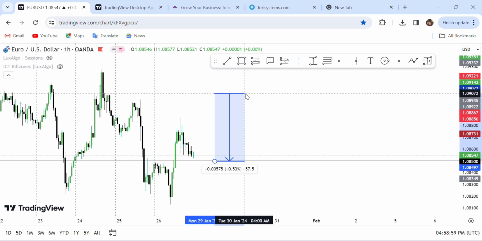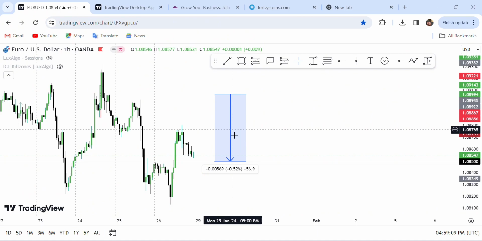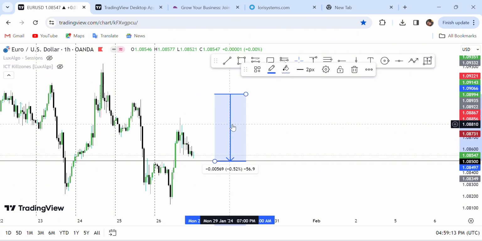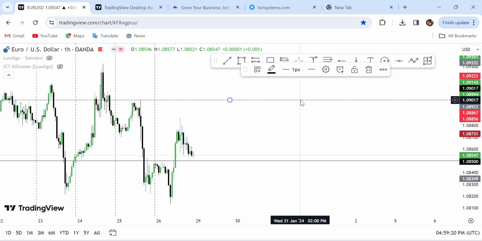Okay, good. So this is just around 50 pips. From 1.08500 to 1.0900 is 50 pips. So we can delete this and put in our next line at 1.0900. I hope you understand.